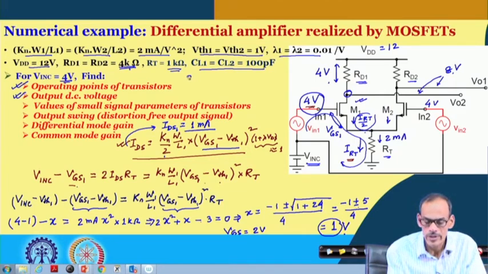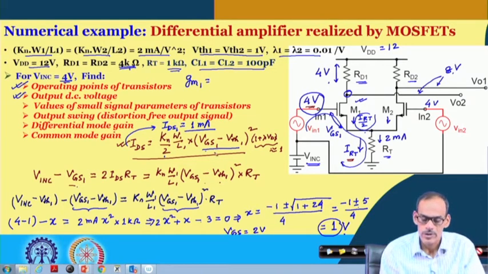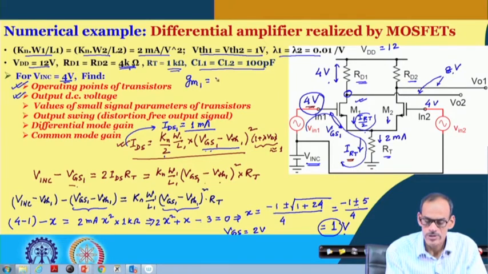Now, we can calculate GM. So, GM1, for a given value of VGS1 equal to 2, we can calculate GM1 equal to Kn W by L into (VGS minus VTH), and that is equal to 2 milliampere per volt.